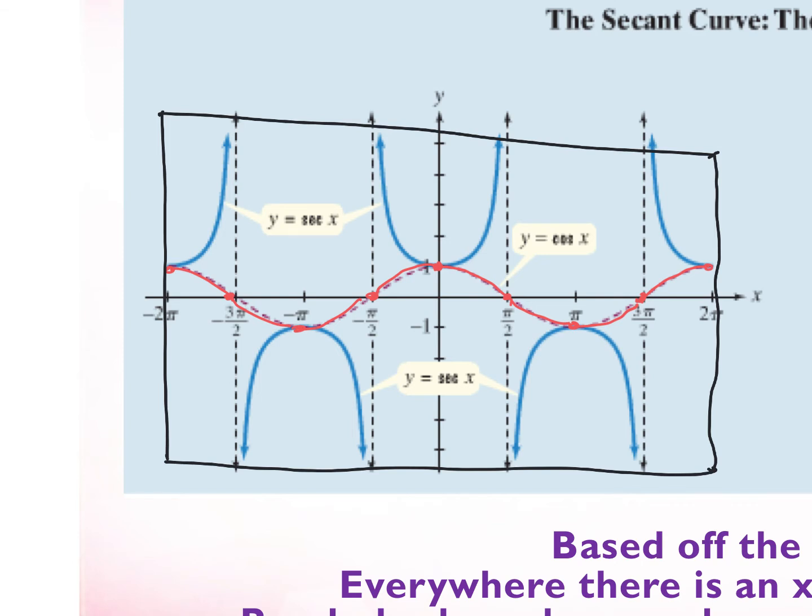Now, once we've got our graph on here, we have to draw our asymptotes in. So every place that my red graph touches the x-axis, I'm going to draw an asymptote. I have one here.